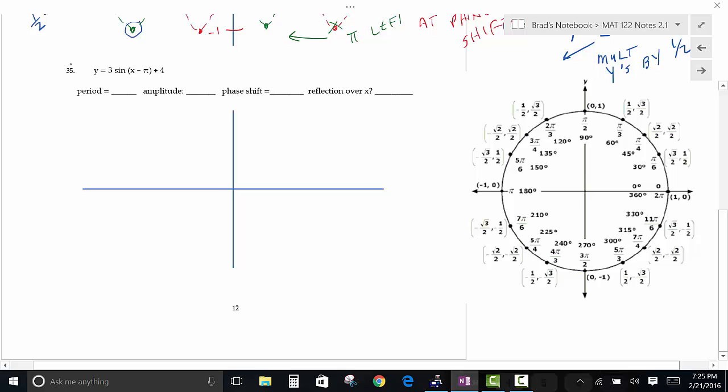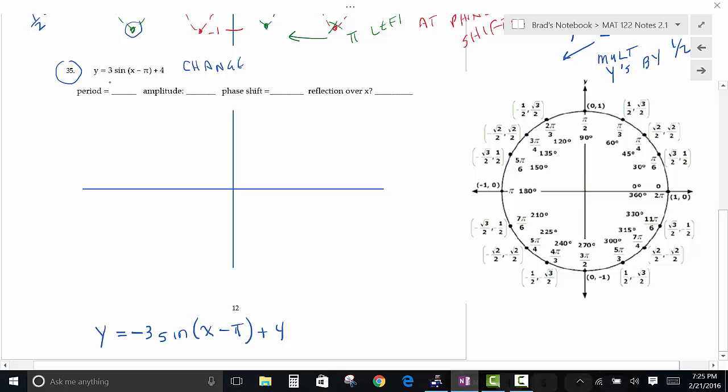Okay, I'm going to have you all try number 35. Now, one thing that I want you all to do on this, I want you to make a change. So I want you to change this problem just slightly to y equals -3 sine x minus pi plus 4.